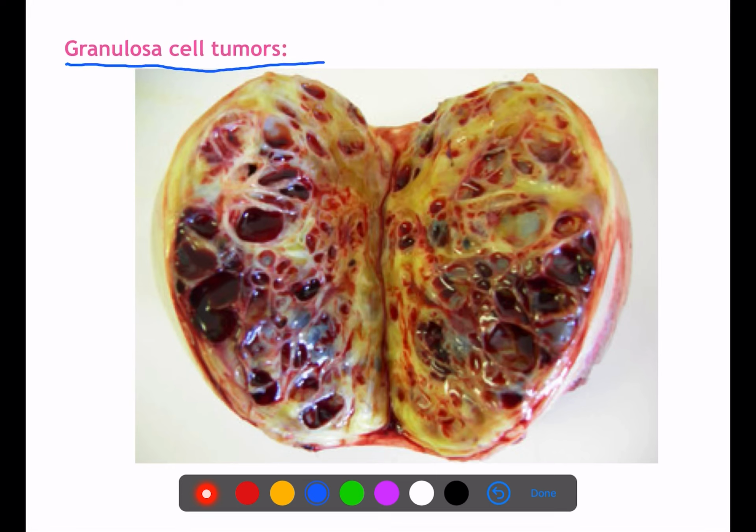Granulosa cell tumor. As we know, the granulosa cell forms the wall of the corpus luteum, or luteinized tissue. The granulosa cell, as we know, produces testosterone.